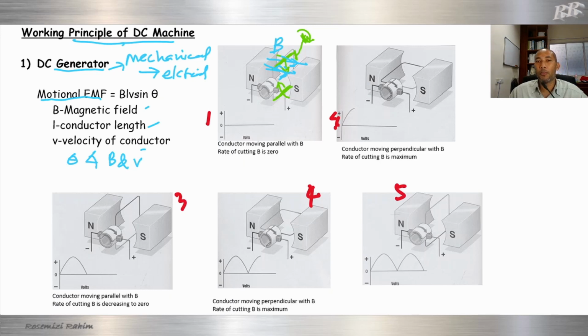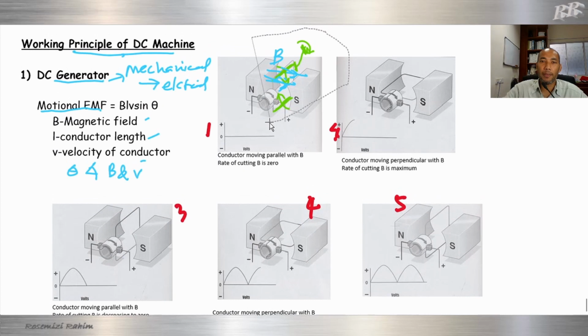For the first figure, starting here, the magnetic field is from north to south, B. The conductor moves from here to here. Now we want to rotate.